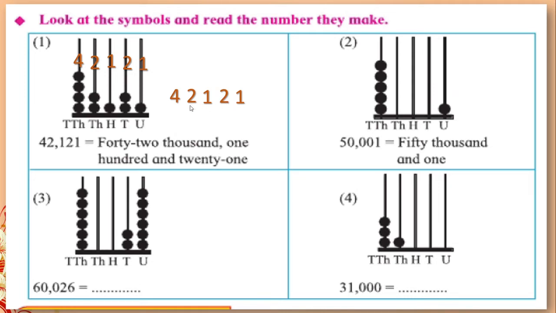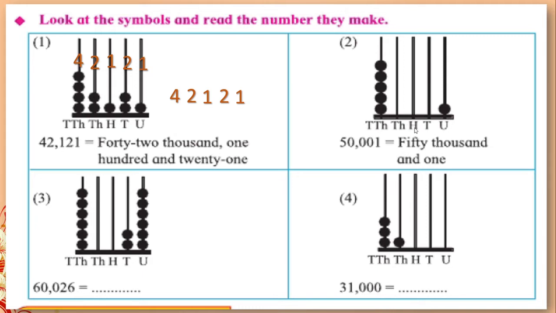Because now we know how to read these 5-digit numbers. This 2 is in the thousands place and 4 is in the 10,000s place. They together make 42,000, isn't it? So 42,121, right?